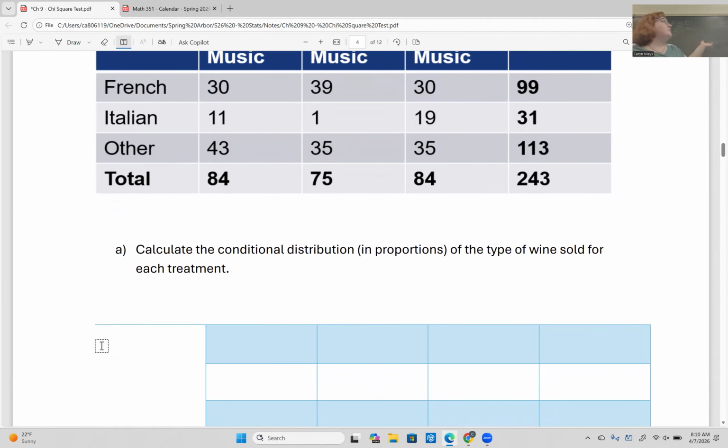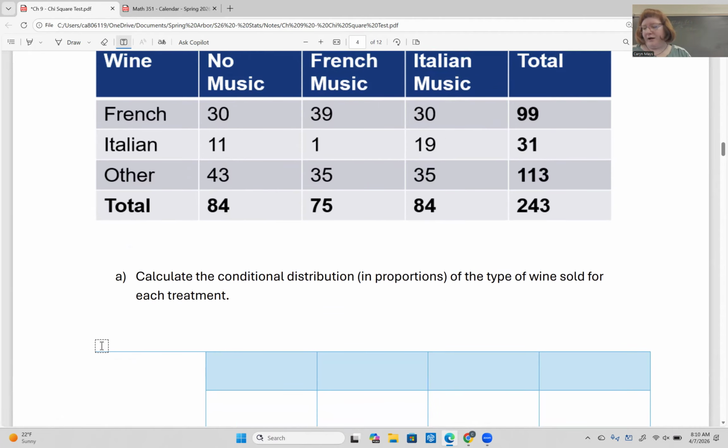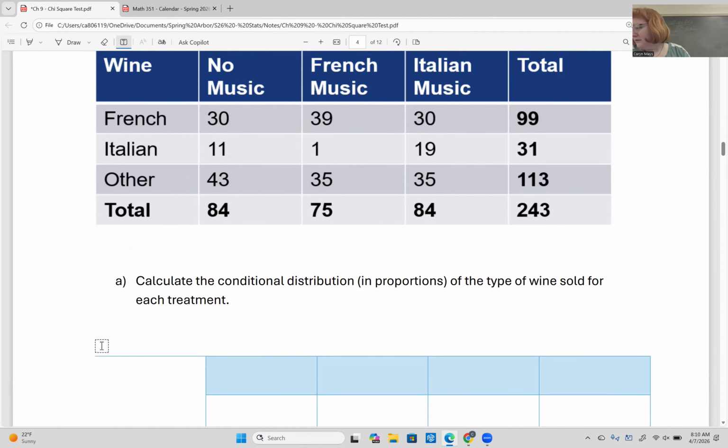So, one, calculating the conditional distribution is that chapter 2 idea where the conditional distribution for the type of wine sold under each treatment would mean I want to know if specifically, if no music is playing, what proportion of French wine was bought.